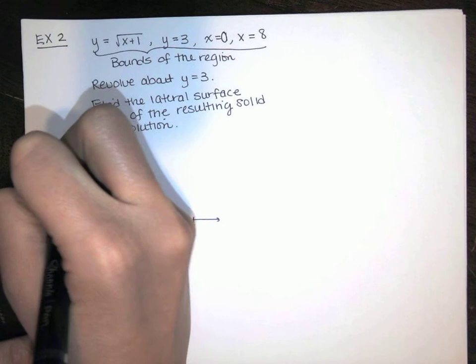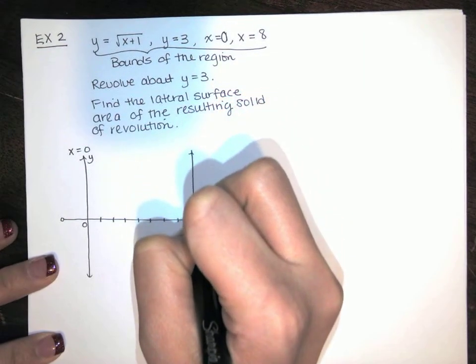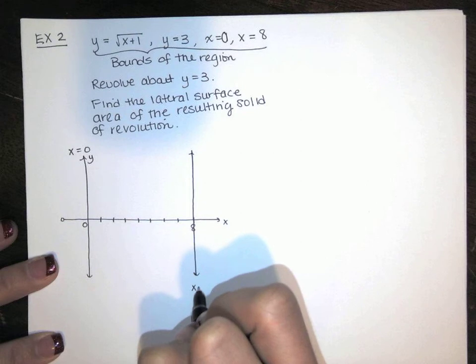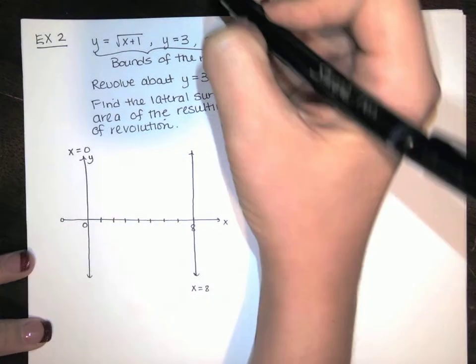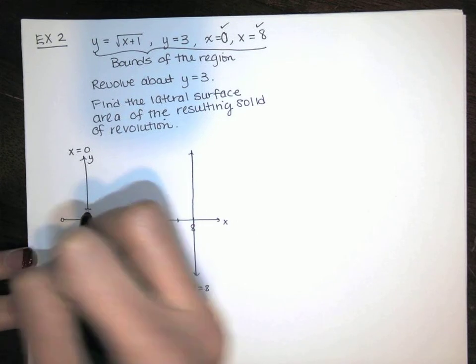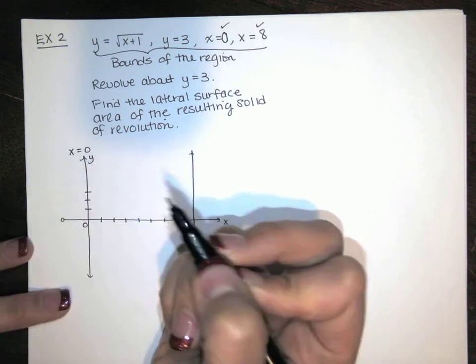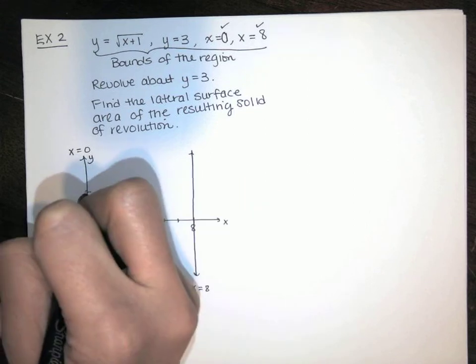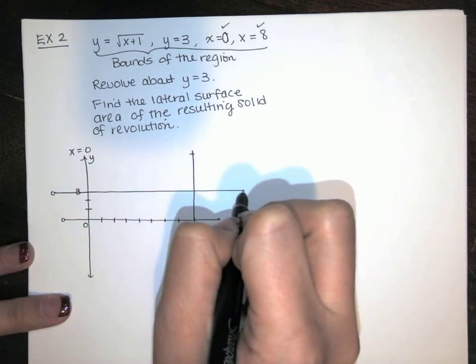So x equals 0 is the y-axis. x equals 8 is a vertical line that passes through 8 on the x-axis. So we've got these two. We've got y equals 3. That's a horizontal line.